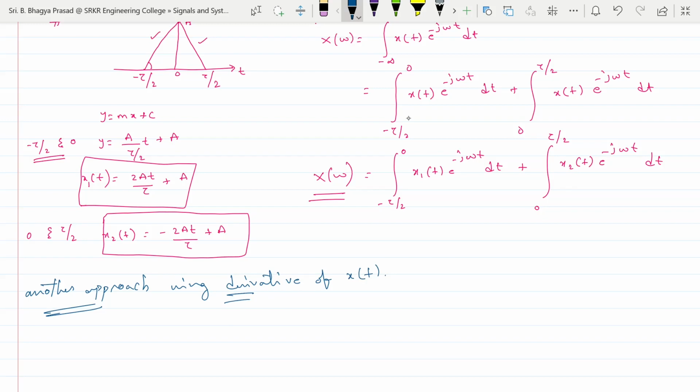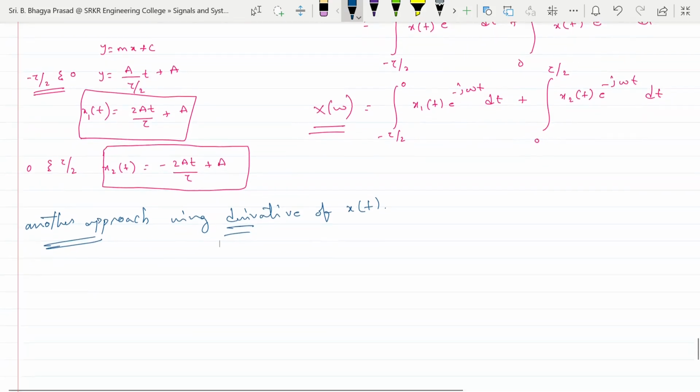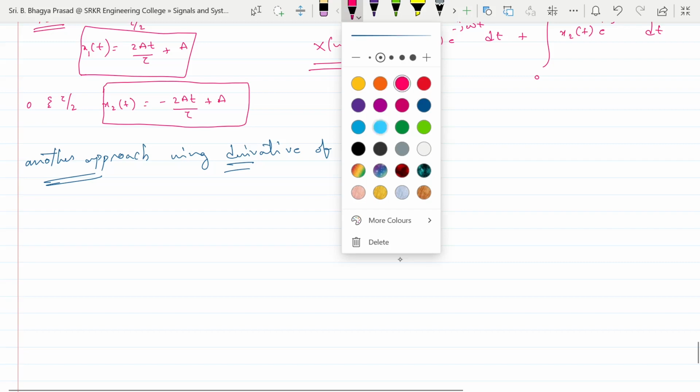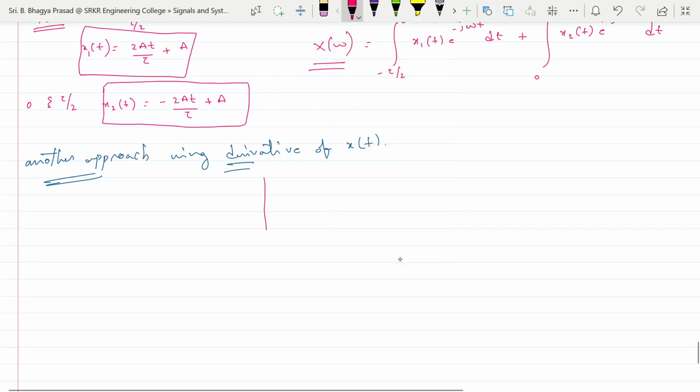What we did in the previous one, let us now solve this one by using the derivative. I am again taking the triangle, x of t from minus tau by 2 to 0 and 0 to tau by 2, and this is the signal.